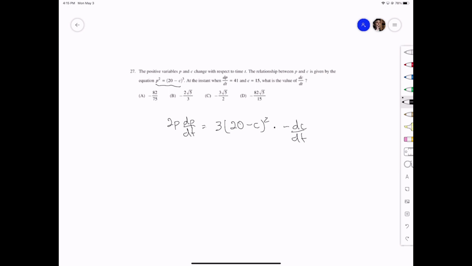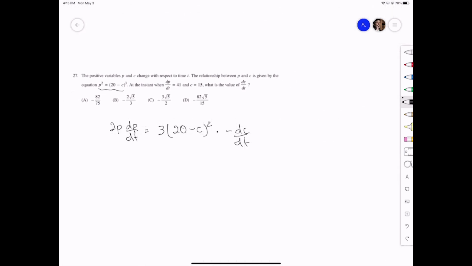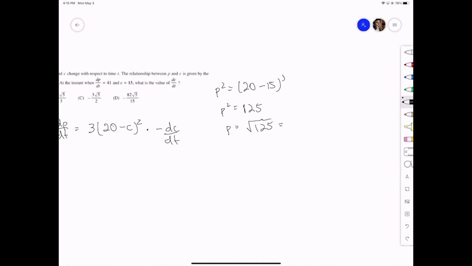So at the instant when c is equal to 15, we want to find what p is. So p squared is equal to 125. So p is the square root of 125, which is equal to 5 square root of 5, I think.